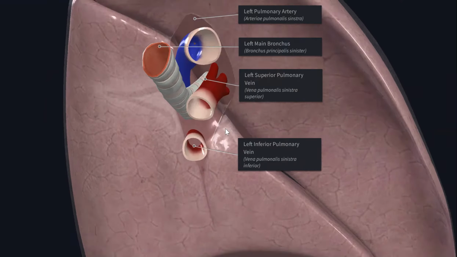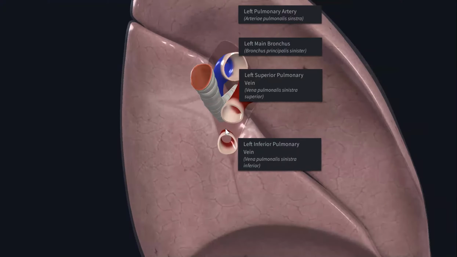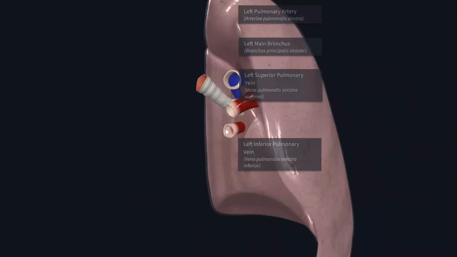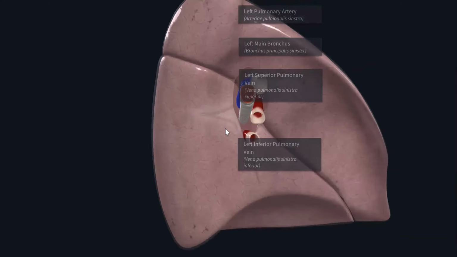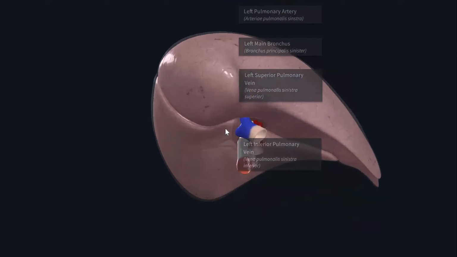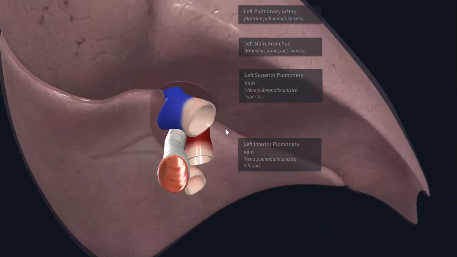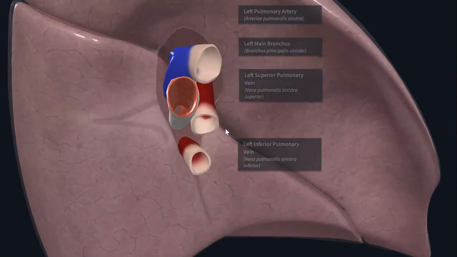If you remember the mnemonic, right anterior and left superior, if you go now to this lung, you will remember that this one is the left lung. Now you will realize that the pulmonary artery, the blue one, is superior to the bronchus.